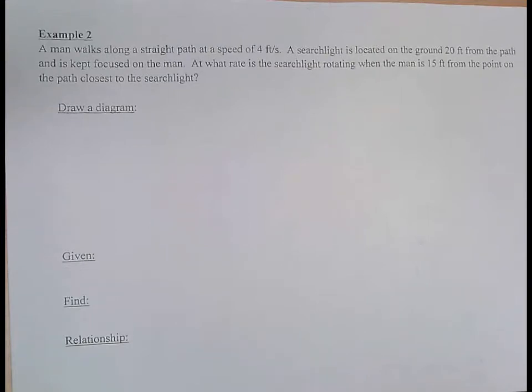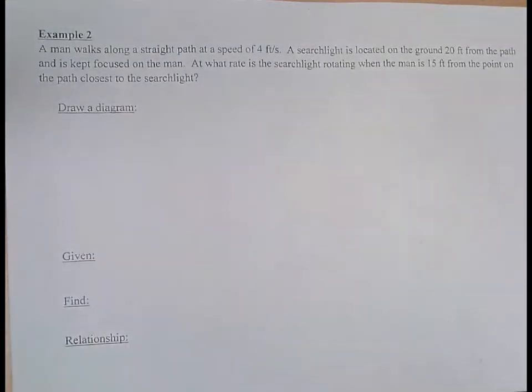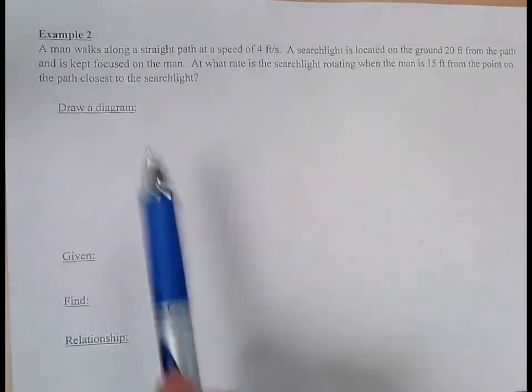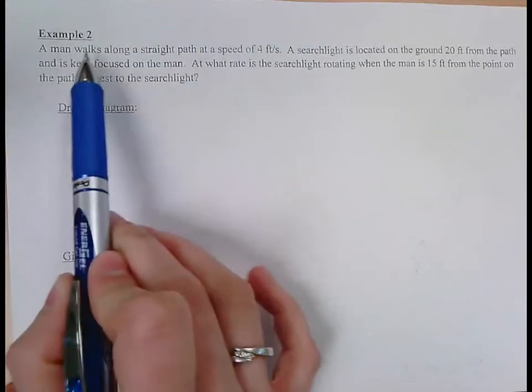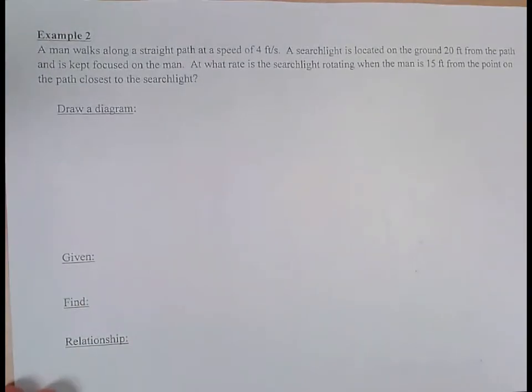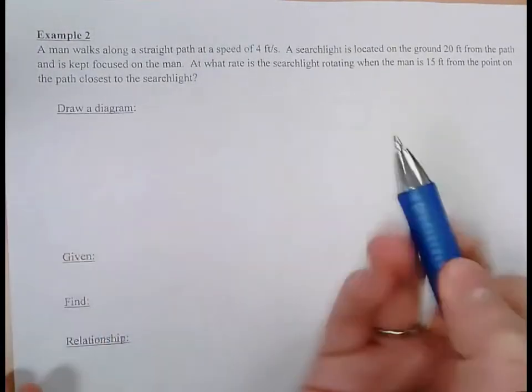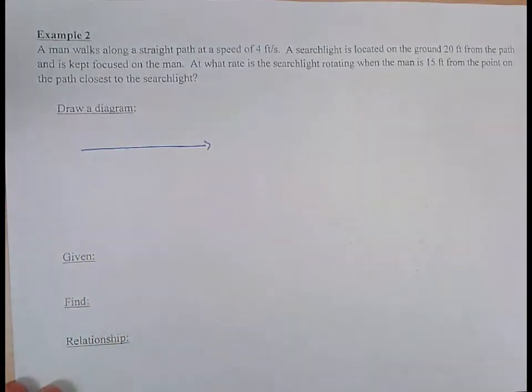Okay, read through it. I would think the same thing: I would draw some diagram, because I want to see what's going on. A man walks along a straight path at a speed of 4 feet per second. I'm not going to draw a man, but say this is the path he's walking along.